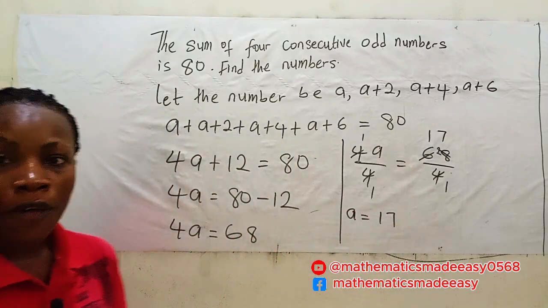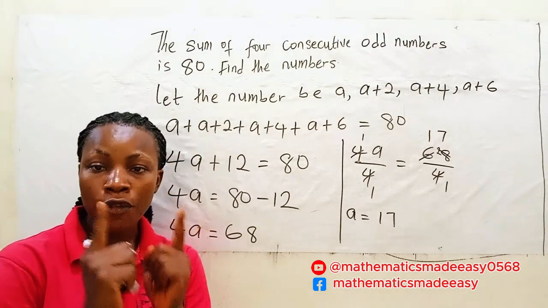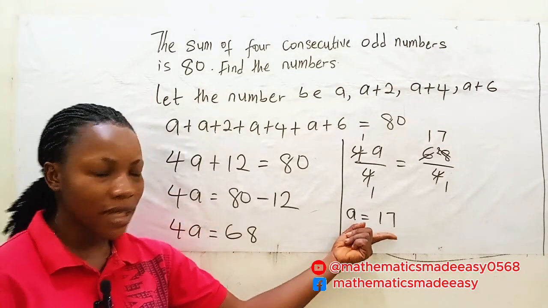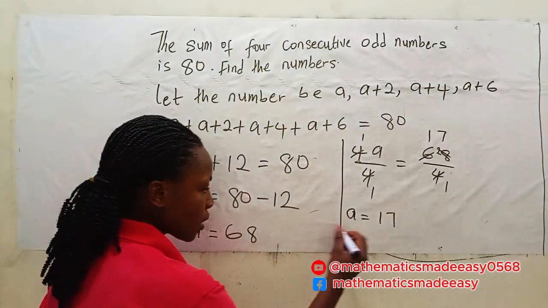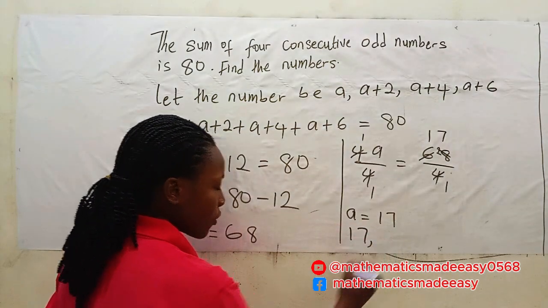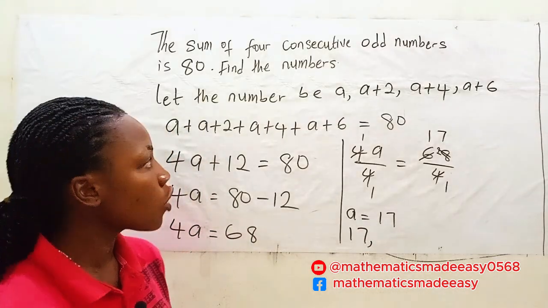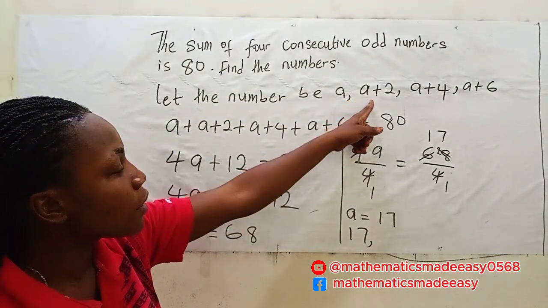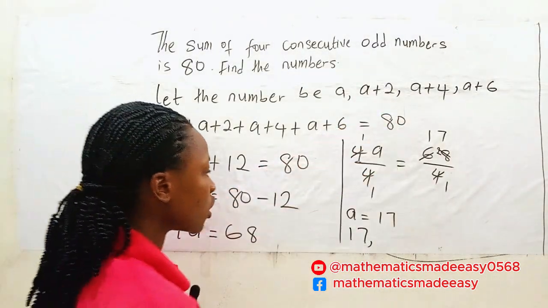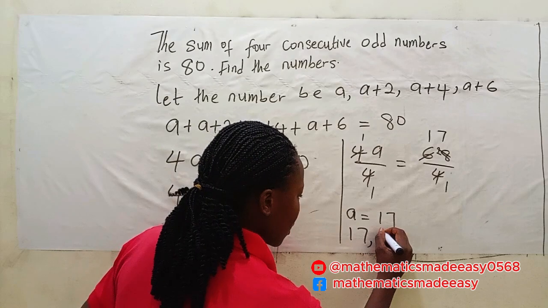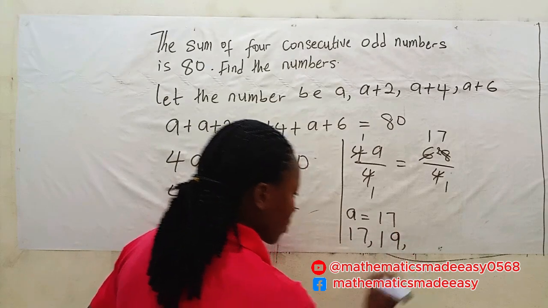All right. Our first odd number is 17. That is our A. Then our second odd number is going to be 17 plus 2, which will give us 19.